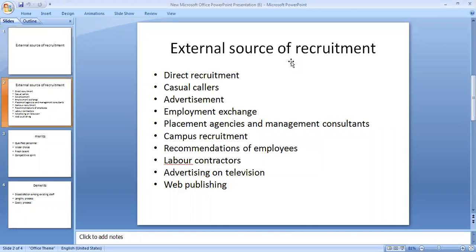Here let us look at the meaning of external source of recruitment, as well as the different methods adopted in this case. It's very simple. External source of recruitment is where you find candidates from outside the organization. So here you get an opportunity to find candidates from outside the organization.